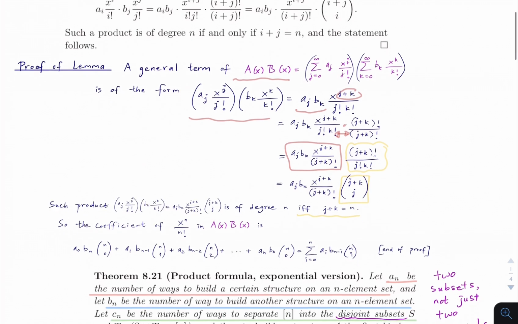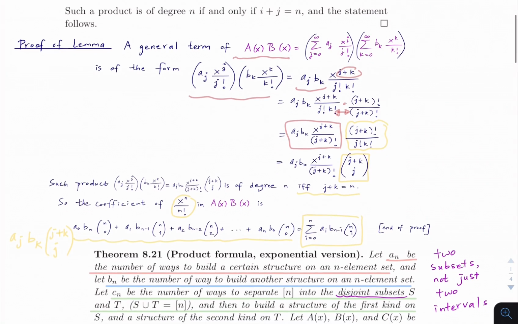And so the coefficient for x to the n over n factorial in the product A times B is the sum of all the ways that you can get a sub j times b sub k and j plus k choose j. And so there are all of these terms, and we get exactly what we want to prove the lemma.